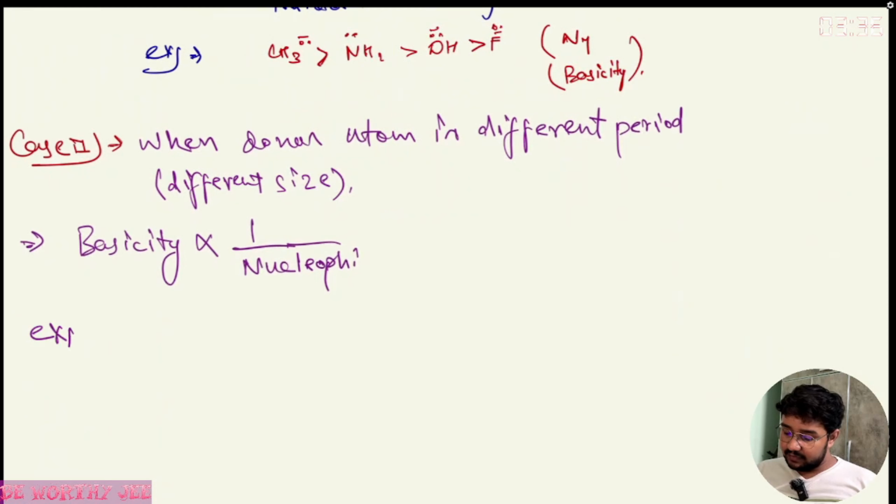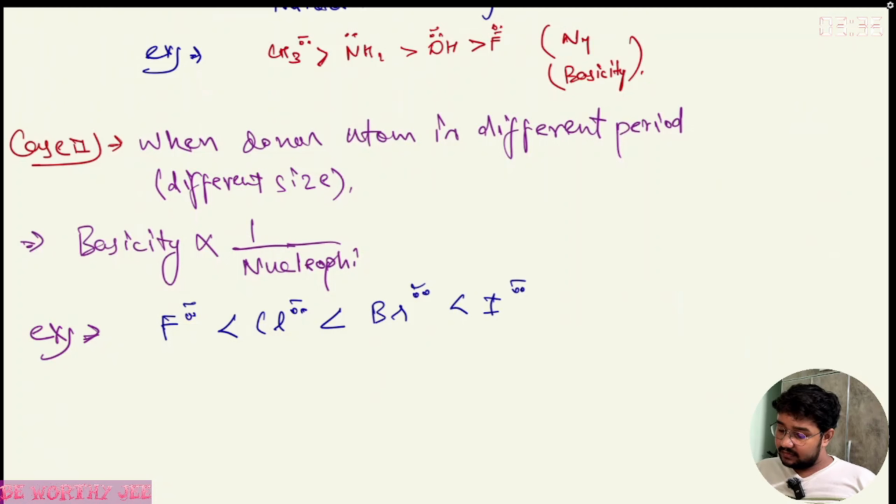Let's take an example: F minus, Cl minus, Br minus, I minus.